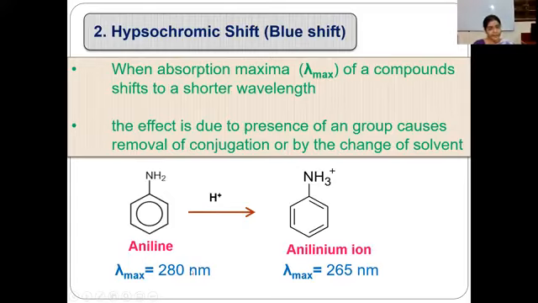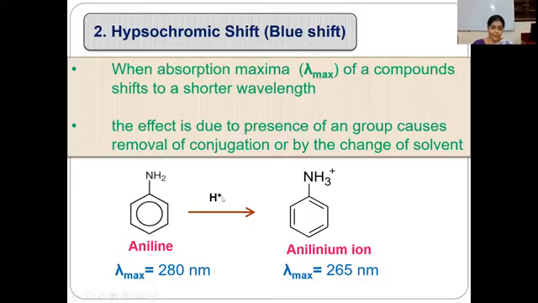When acid is added to the aniline, suppose HCl is added, aniline is converted into anilinium ion. In aniline, the lone pair of electrons present on the nitrogen are also in conjugation with the 3 double bonds of the benzene ring.